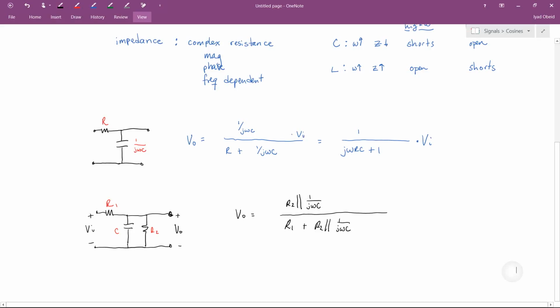And then we can work out in the margin that the parallel impedance of R2 and C, it's always product over sum.